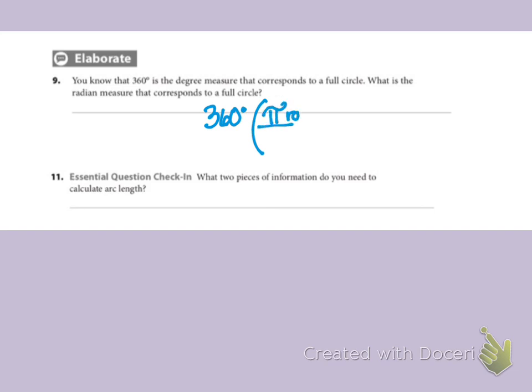Pi radians is really what this is, over 180 degrees. So when I multiply, I end up with 360 pi over 180, because remember the degrees canceled out, so those are gone. So 180 can divide into 360 2 times. So that would just give us 2 pi radians.